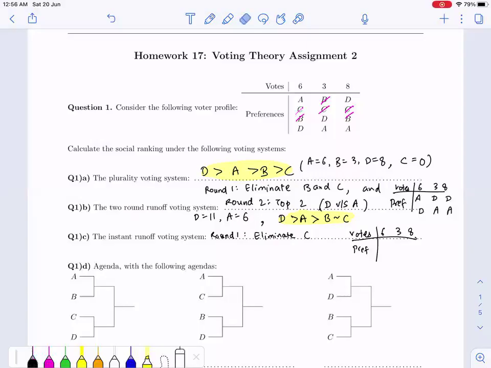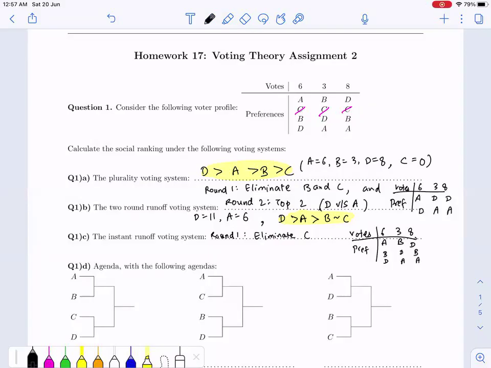So right now you just eliminate C. And I think the profile looks pretty identical because C was just the second top choice for everyone. So this doesn't really change.